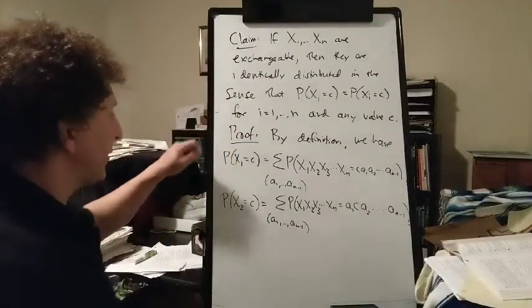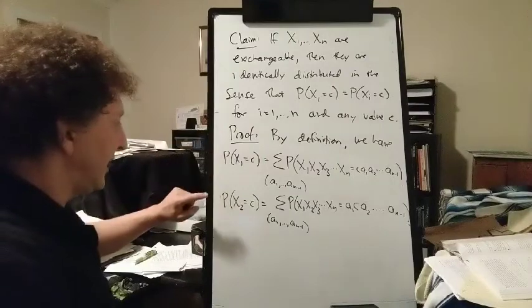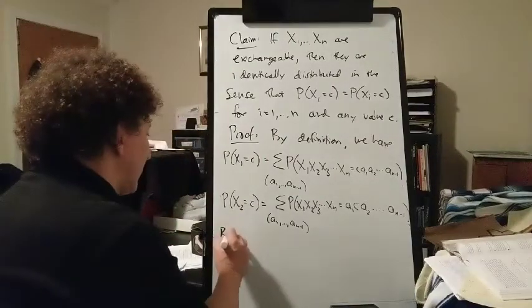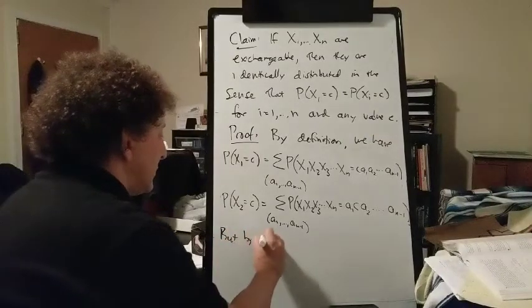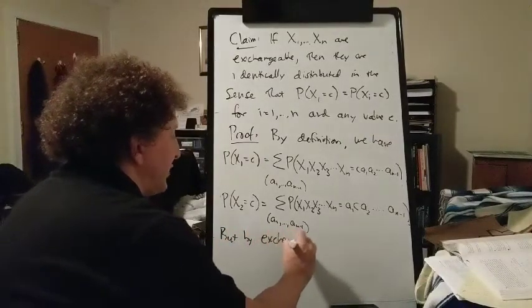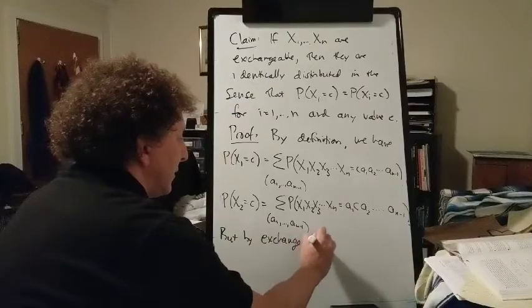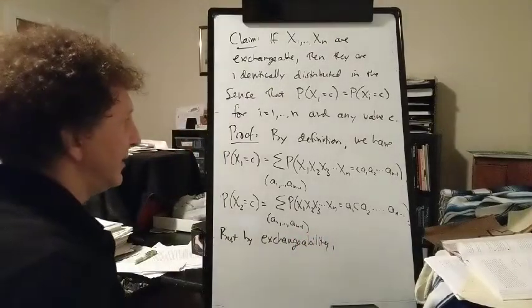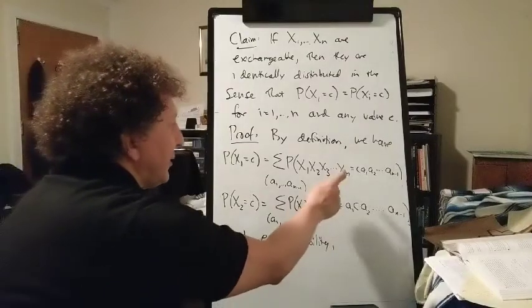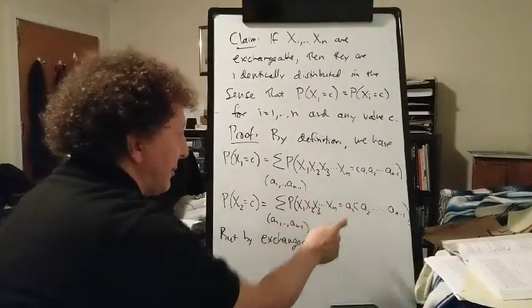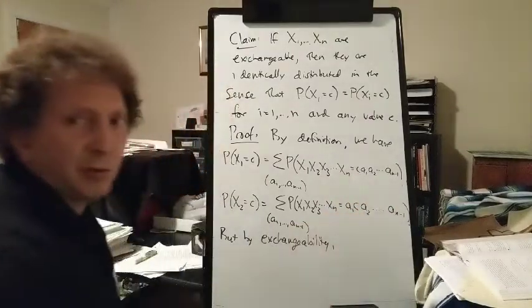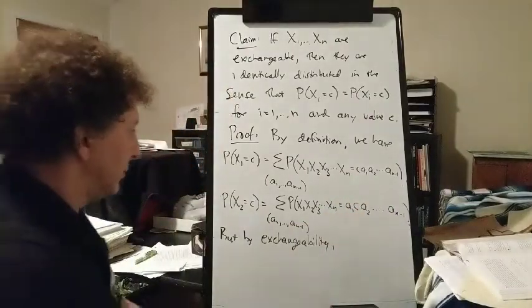Alright, so we've got expressions for the probability that x1 equals c and the probability that x2 equals c. But by the exchangeability of x1 through xn, every probability in this sum should be equal to every probability in this sum, because changing the order of the values that we get doesn't make a difference.